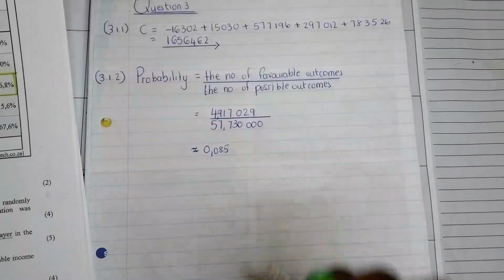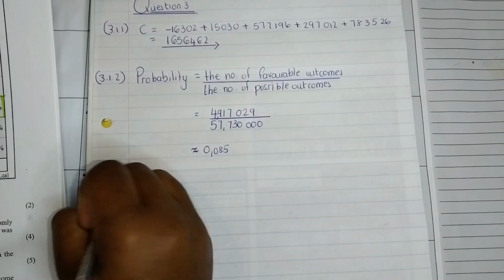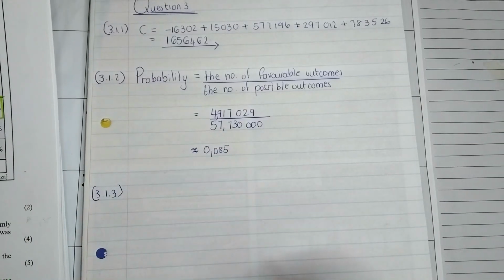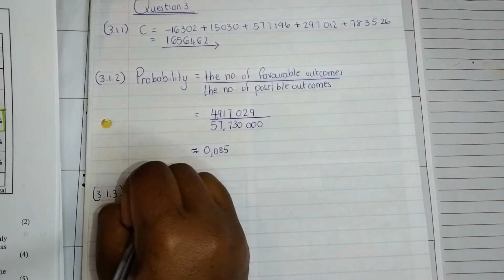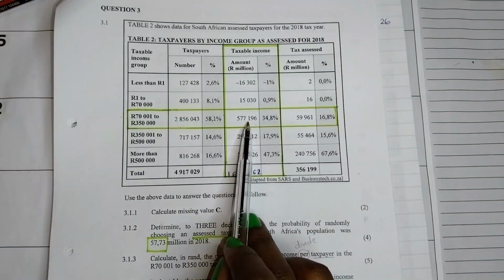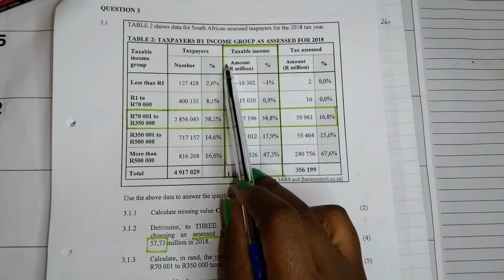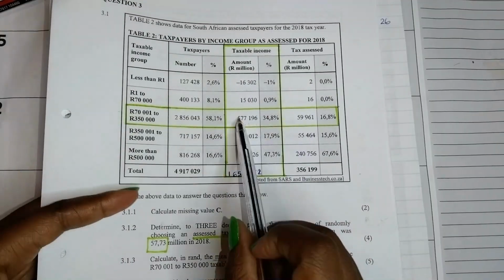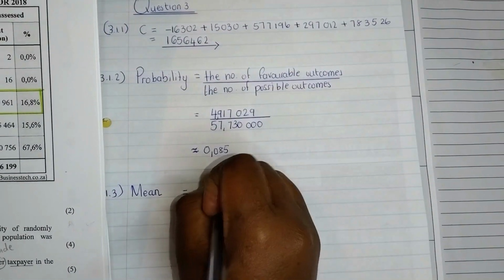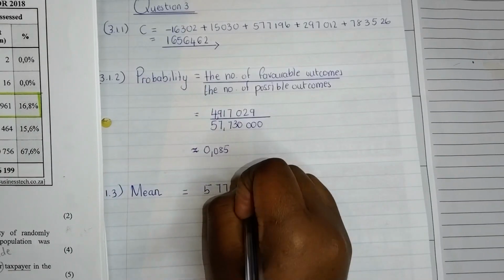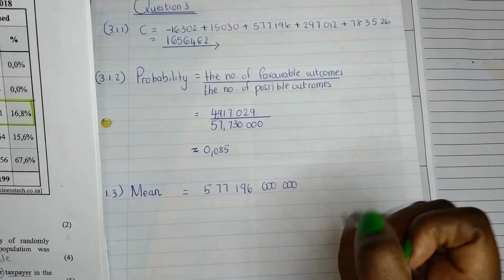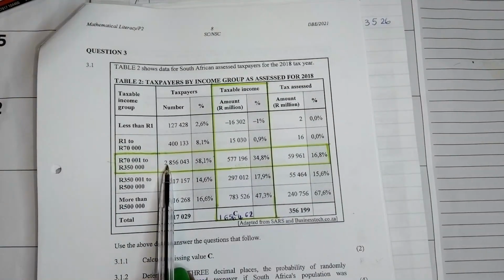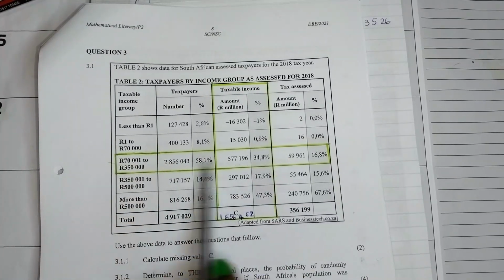Okay, so this is 3.1.3. To get the mean is equal to the 577,196, and because it's in millions, we're going to add 6 zeros to this value. So it's going to be 577,196,000,000, divided by the total taxpayers for this group.